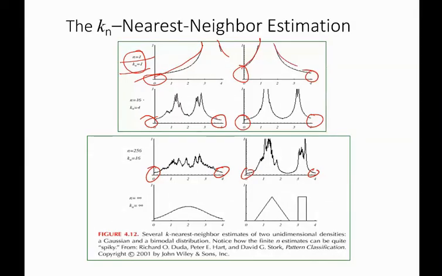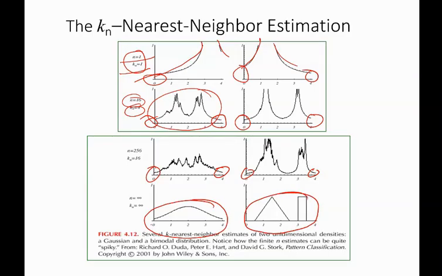If I put n equal to 16 and k equal to 4, and I am estimating for a normal density function, then you can see this kind of graph appearing. Now the ideal graph is here.